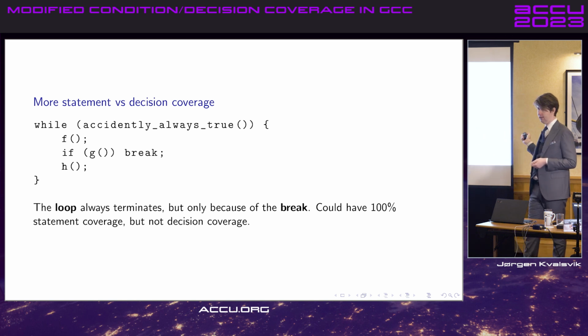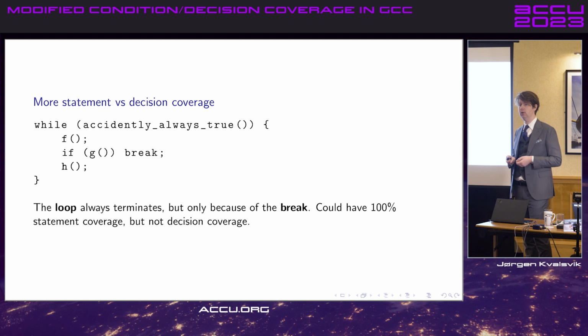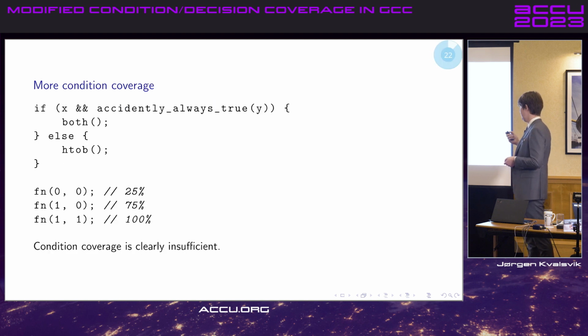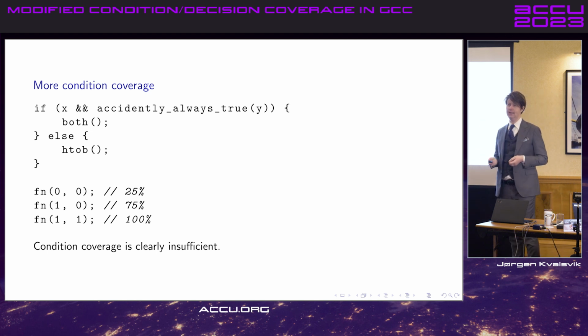And so this is sloppy code, but there are subtle interactions, especially when you're dealing with third-party functions that could behave oddly, that you need to cover and test for. Okay, so let's do more condition coverage. Instead of y, what if we have the accidentally-true-always function instead, right?